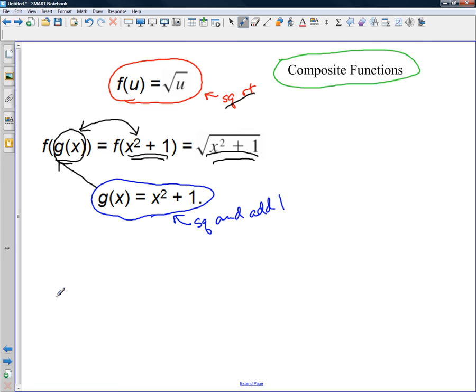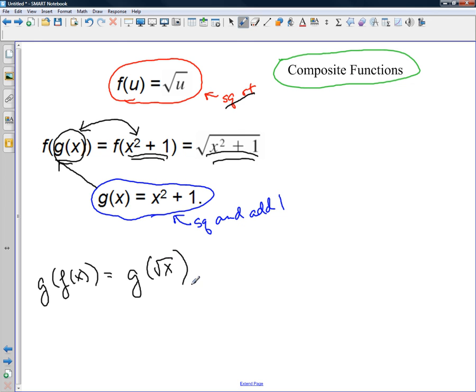Notice that's quite different than if we were asked to do g of f of x, because f of x is the square root of x.